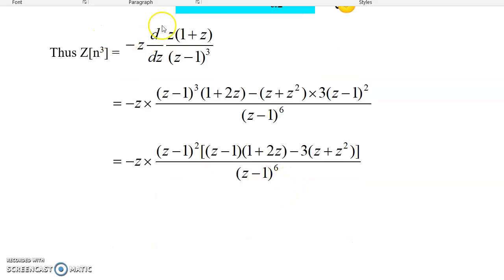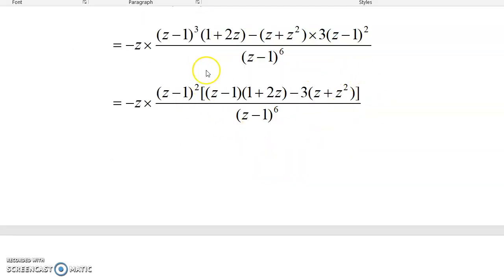And now we shall differentiate this. So as usual, u by v, we know how to differentiate, divided by v squared. So this is v, squaring this. And on the top, keeping the denominator, first we should differentiate the numerator. So this is z plus z square. So when we differentiate, 1 plus 2z. Minus, keeping the numerator, we have multiplied this into the differential of the denominator. So this when we differentiate, 3 into z minus 1 square. So this is how we should differentiate u by v format.